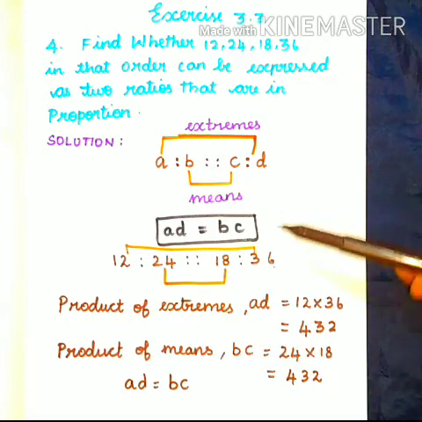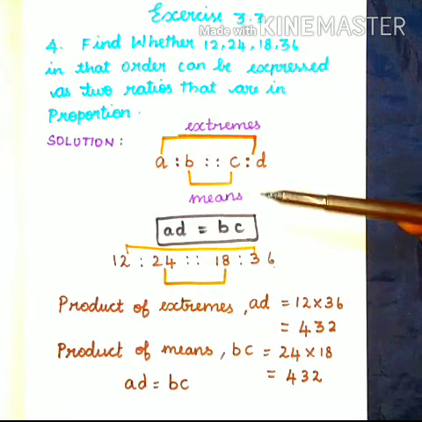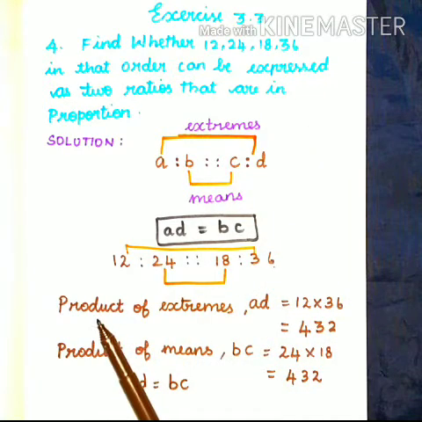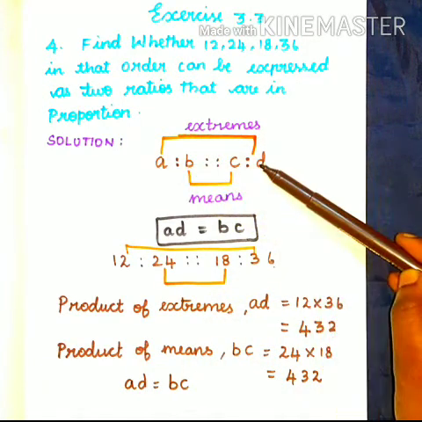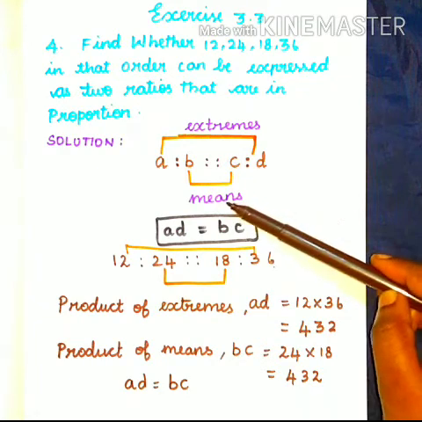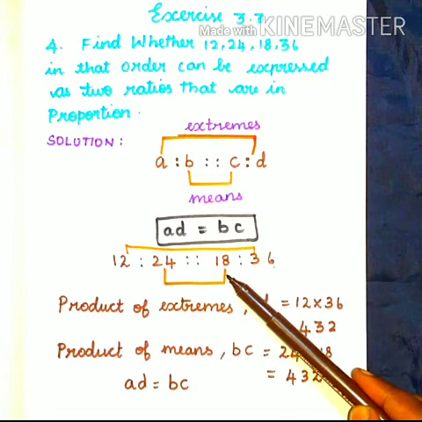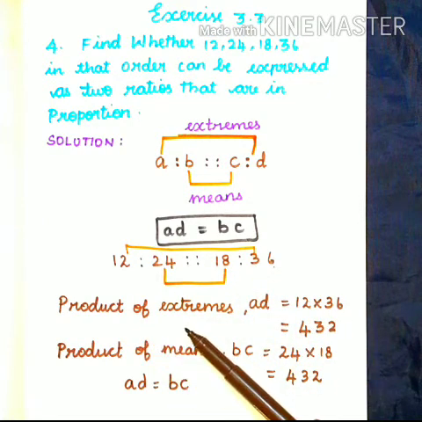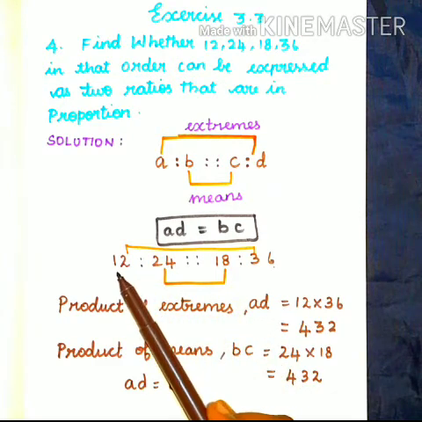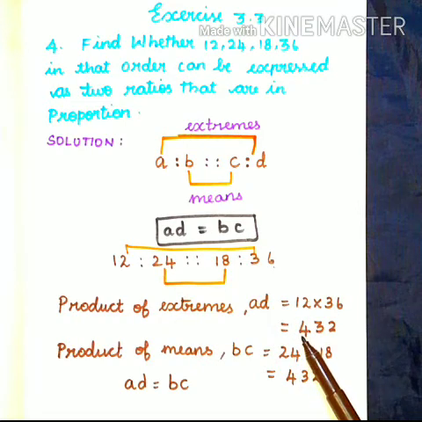First you have to write the given numbers in ratio form. Then you have to find the product of extremes, then the product of means. Product of extremes means A into D. Product of means, B into C. Here A value is 12, B value is 24, C value is 18 and D value is 36. First let's find the product of extremes, A into D. A is 12 and D is 36. 12 into 36 is 432.